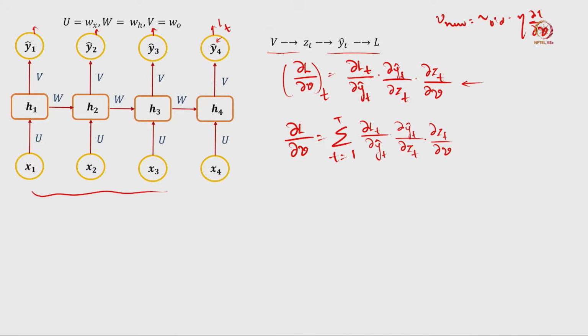Now let us compute the values for each of these. For the time being, we will first do it for one term, then we will do it for the overall. So first we will understand the first one. So how can we write Zt? First let us compute this term. What is Zt?